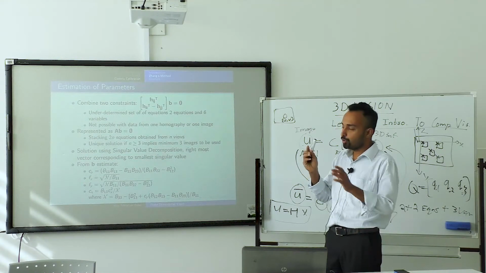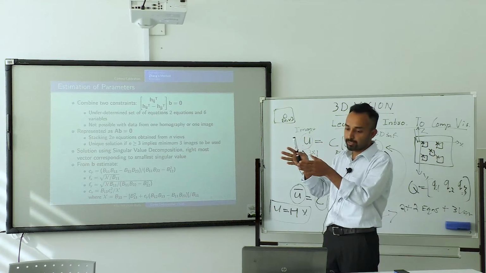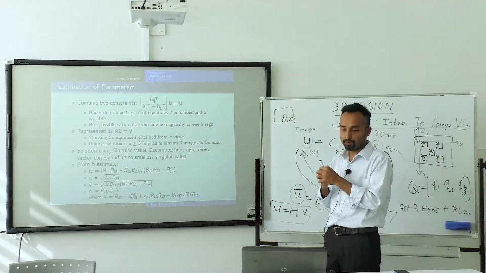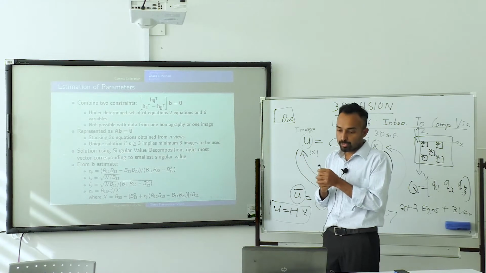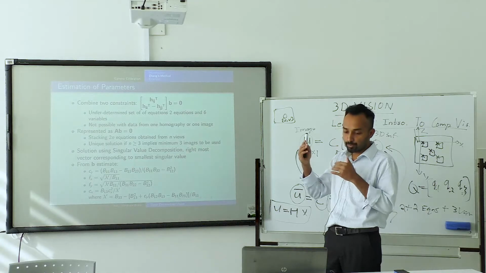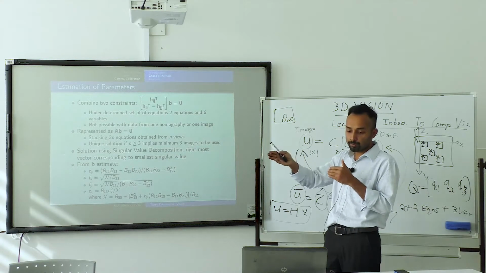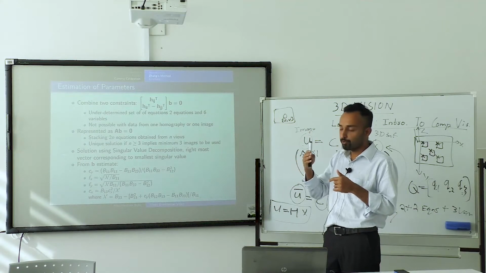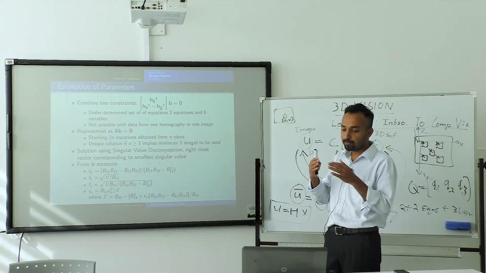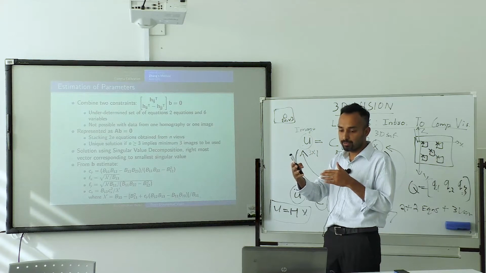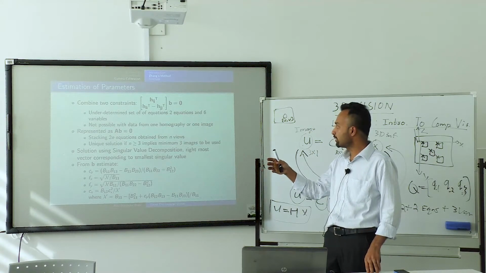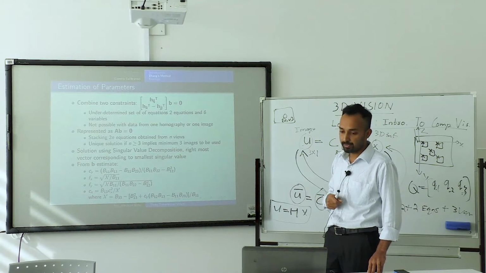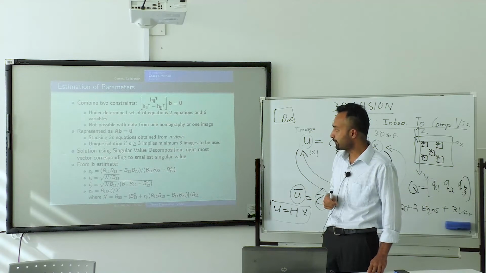You cannot use a single image of a calibration grid and solve for all the parameters of the intrinsic matrix. So instead, you consider multiple images and you have multiple homographies, and from each homography you get two equations. So if you have 6 equations and you have 6 unknowns, you can solve for all the parameters in this vector B.